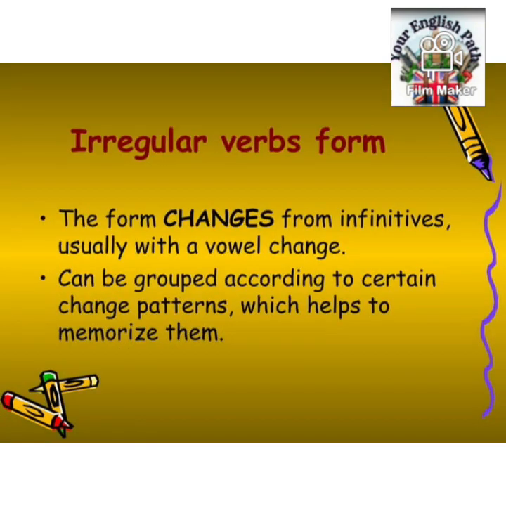Okay, concerning irregular verbs form, the form changes from the infinitive, usually with a vowel change, or can be grouped according to certain change patterns, which helps to memorize them. So irregular verbs change. يتغيرون.